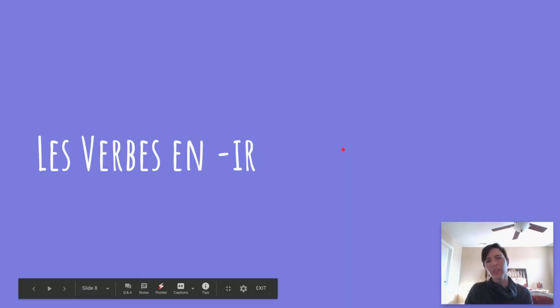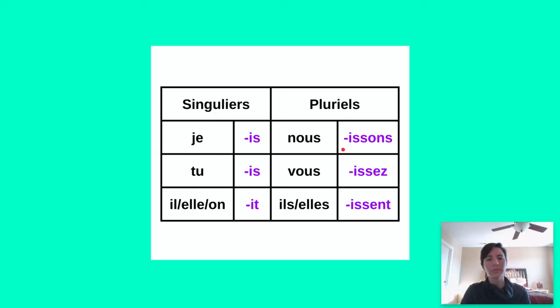Okay, so let's check out IR verbs. First, our endings for IR verbs are IS, IS, IT, ISSONS, ISSEZ, and ISSENT. You'll see that each of these goes with a subject pronoun. So for je, if I am doing the action and it's an IR verb, I'm going to drop the infinitive ending IR, and then I'm going to add my new present tense ending IS.